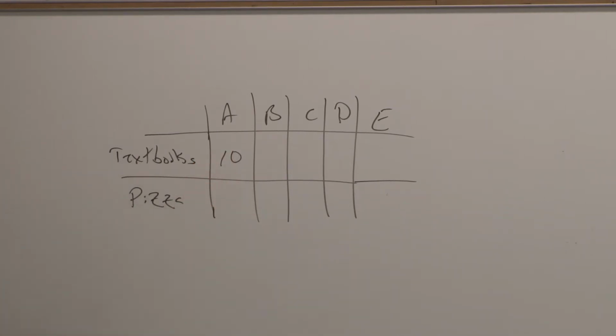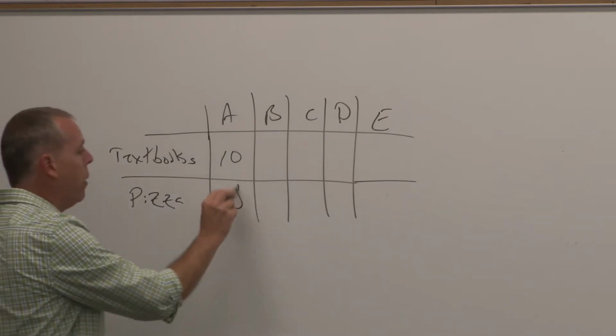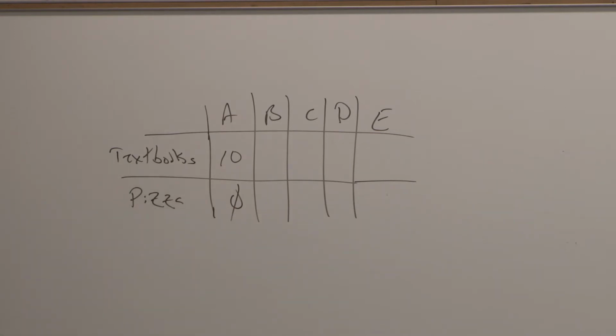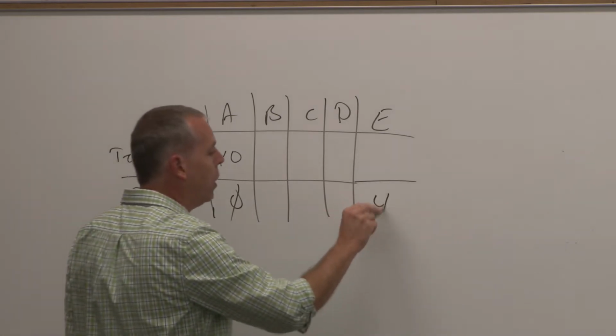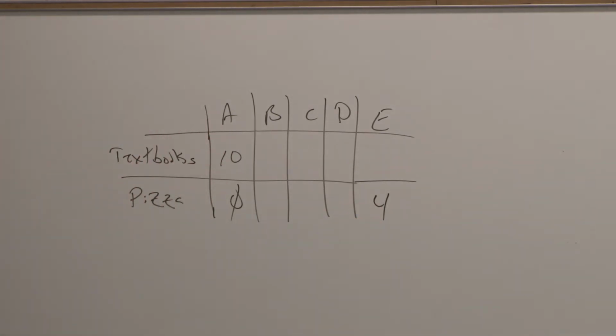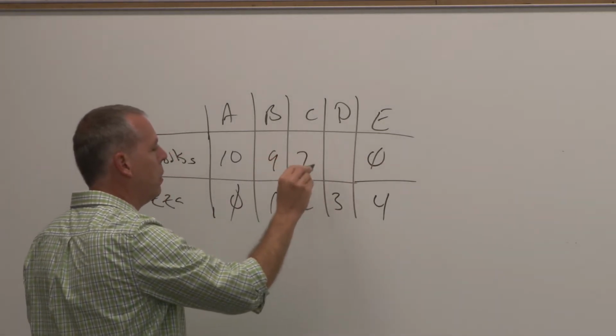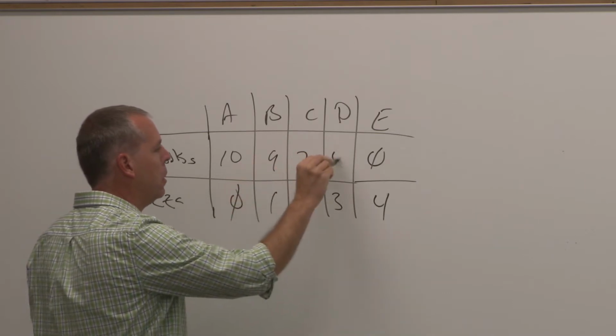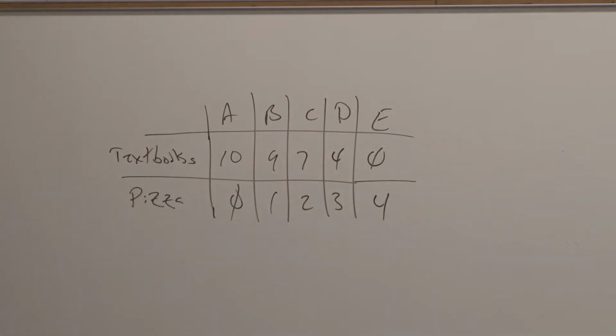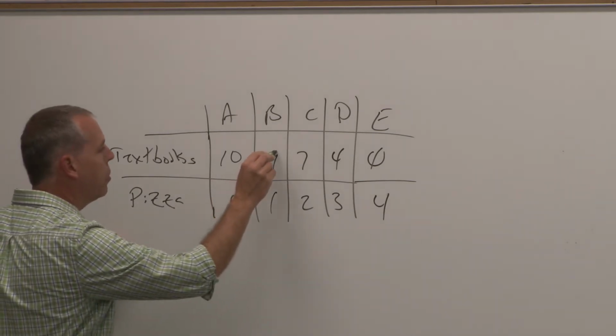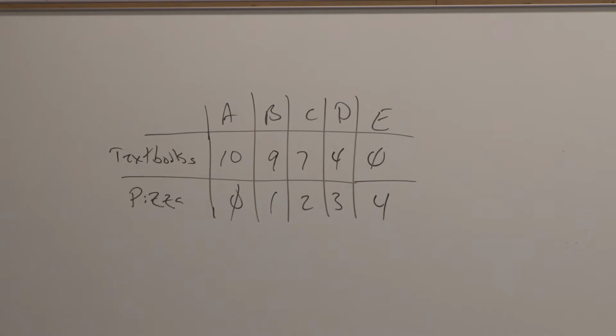And if we have all of our resources making textbooks, how many pizzas can we make? 0, right? If we devote all of our resources to making pizza, we can make 4 pizzas. And if all of our resources are devoted to pizza, how many textbooks can we make? 0. So here are 5 of our different choices, right? 10 textbooks and 0 pizzas, 9 textbooks and 1 pizza, 7 and 2, 4 and 3, 0 and 4, right?